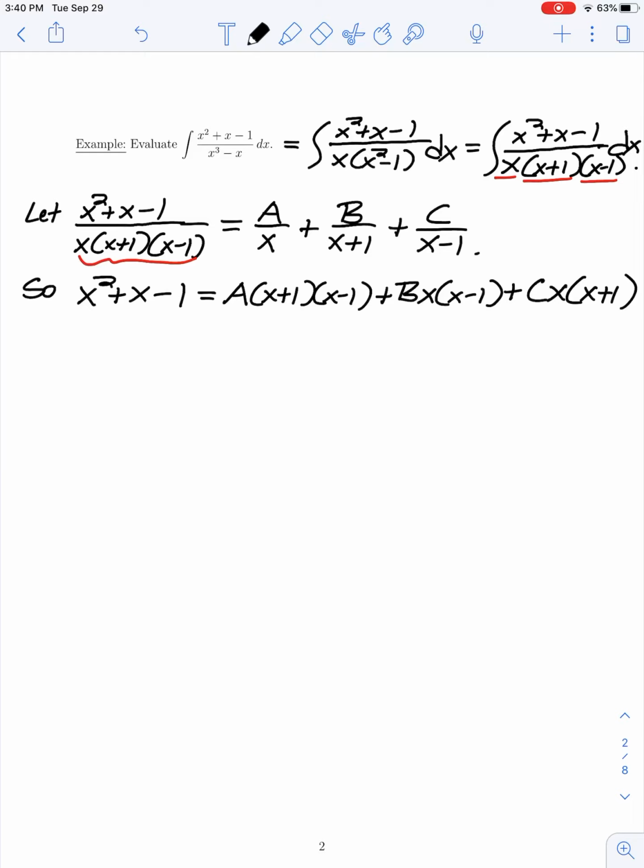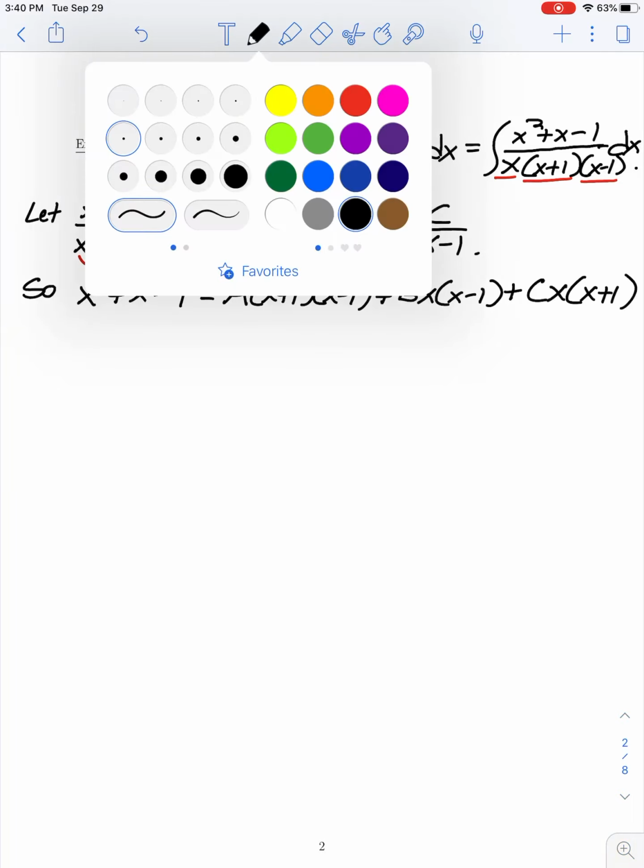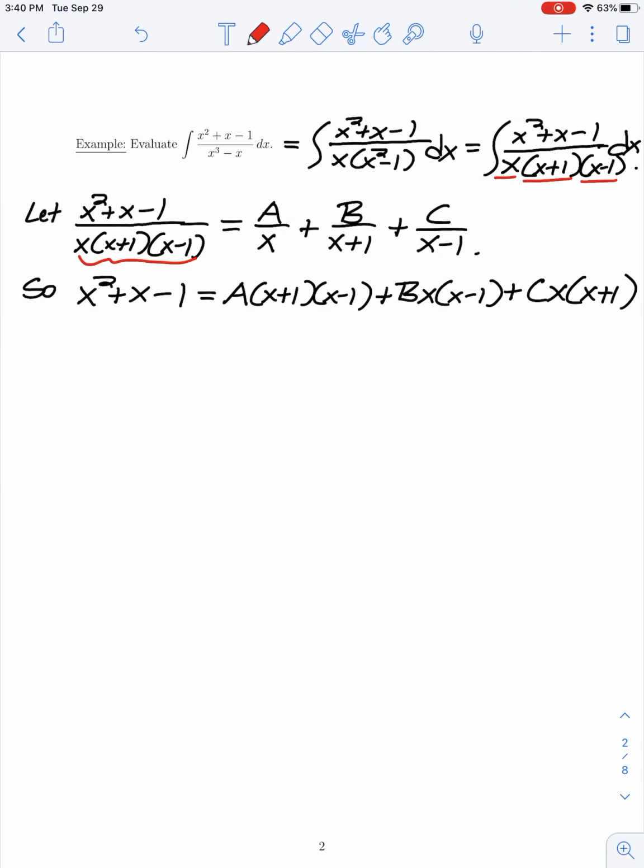by trying to find specific values of x to kill off certain terms. So proceeding with that approach here, if I were to try to solve for a, I would ask myself for the terms involving b and c, what value of x could I substitute in to kill off those terms? I see they're both being multiplied by a factor of x, so if I chose x as 0, I would be left with something only involving a.